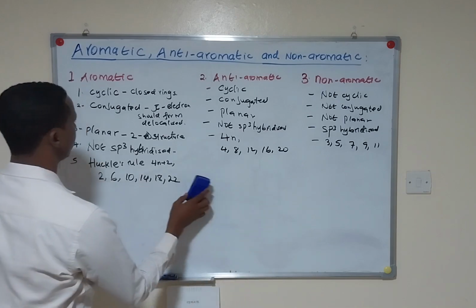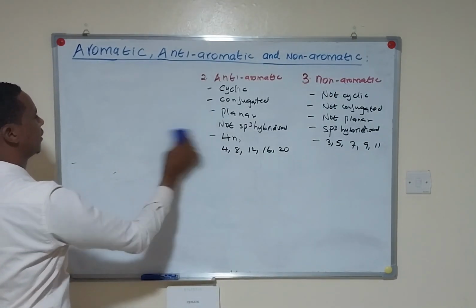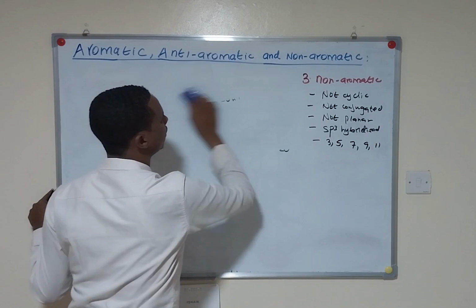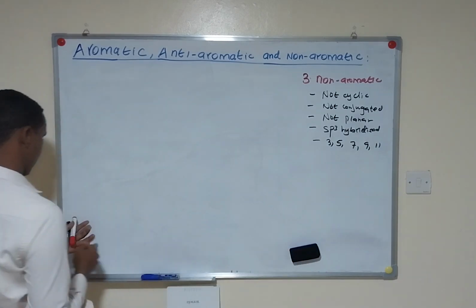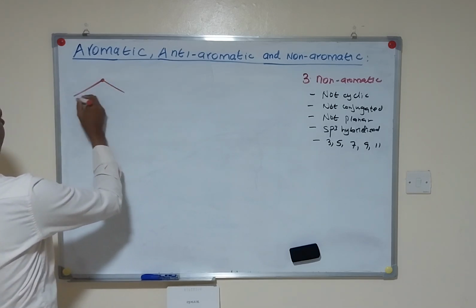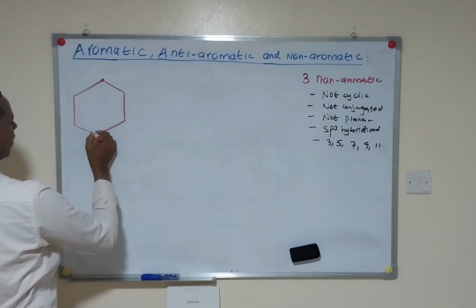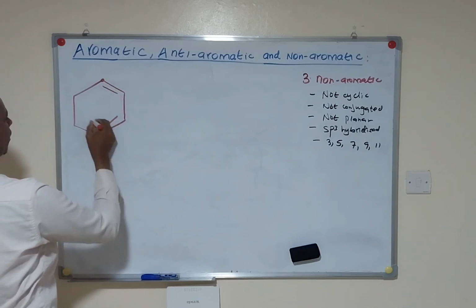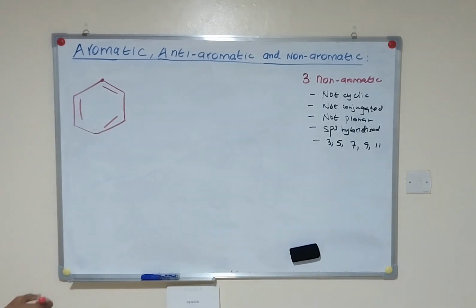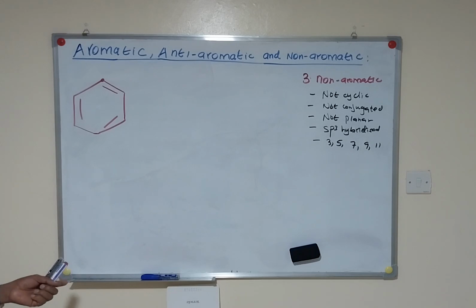So let's see some examples, 1, 2, 3 examples of these. Okay, let's say we have got this structure. How can we know whether that compound is aromatic, non-aromatic, or anti-aromatic? We'll see the set conditions.